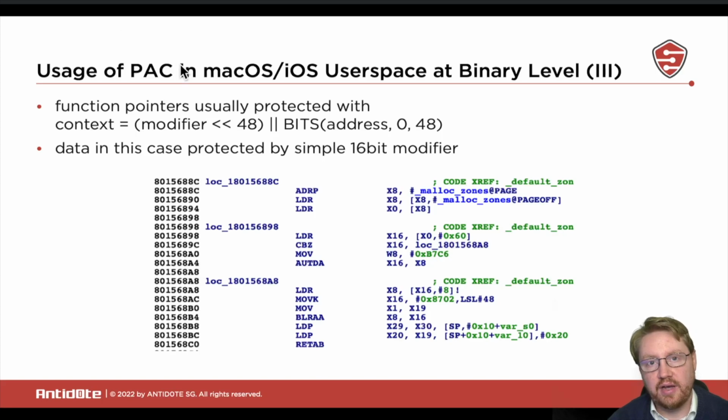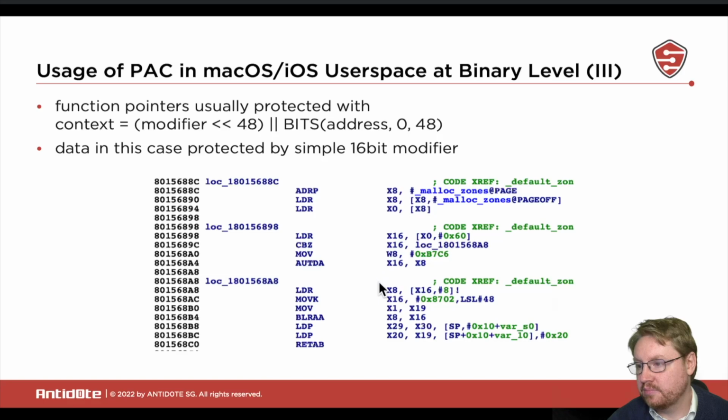Let's have a look now at this code example here. As you can see, this is also from libmalloc. And what we can see here is that it references the malloc zones pointer, it reads it, and then it reads the pointer at offset 0x60 inside the malloc zone structure. This is a data pointer. It's basically a function table of function pointers.